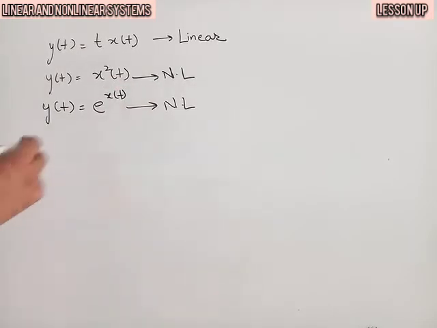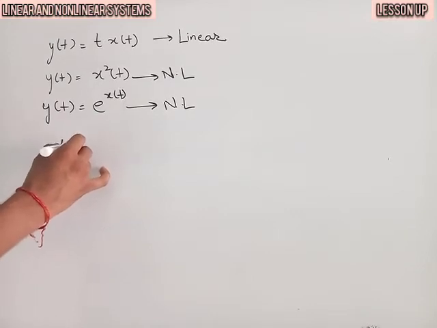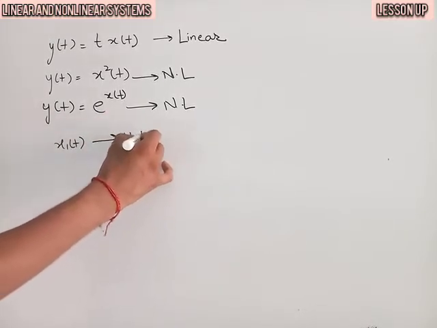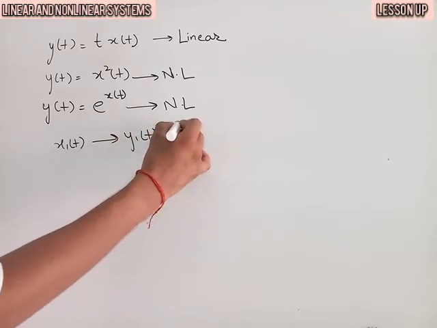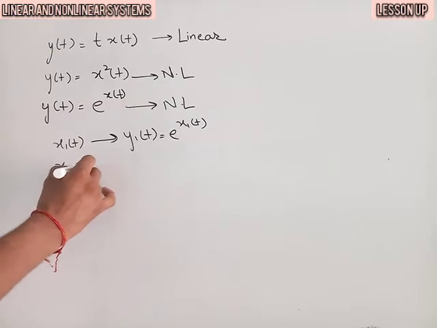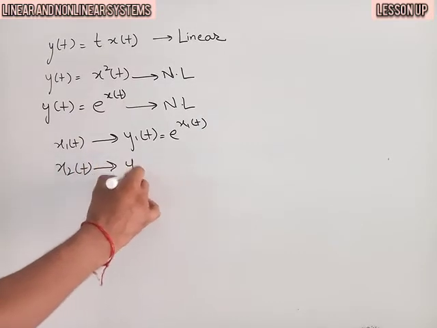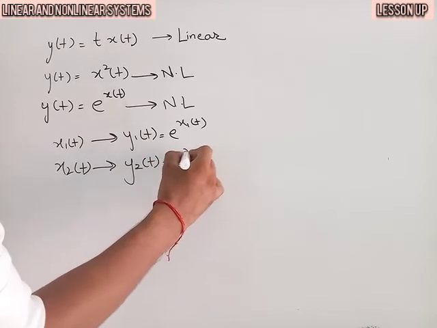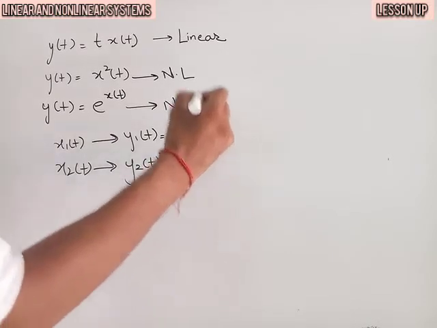We will check. Suppose with x1 of t input, we will get output y1 of t, which is equal to e to the power x1 of t. With x2 of t input, we will get y2 of t, which should be equal to e to the power x2 of t.